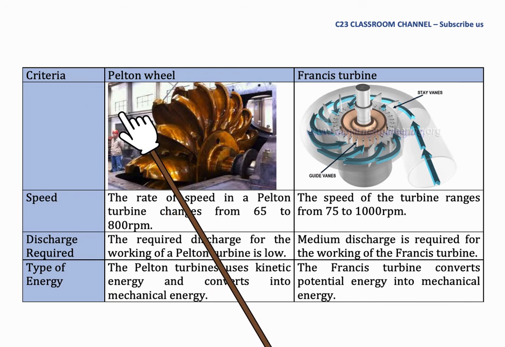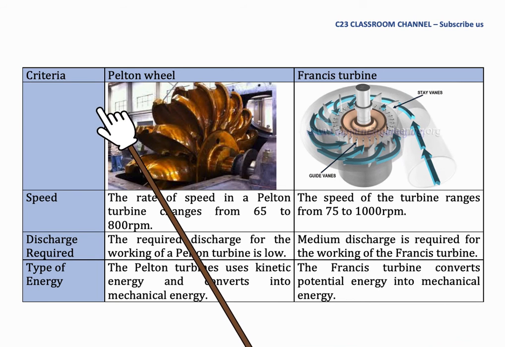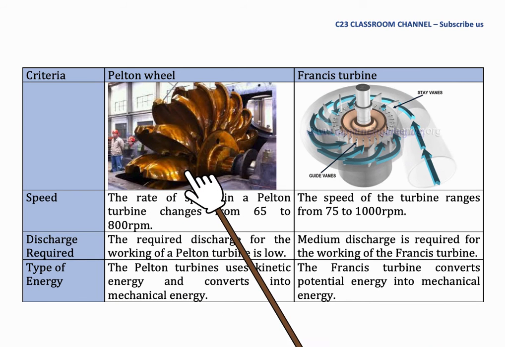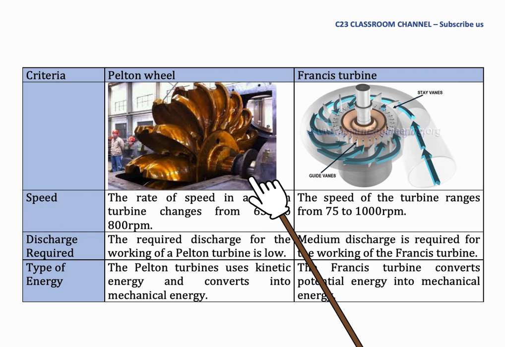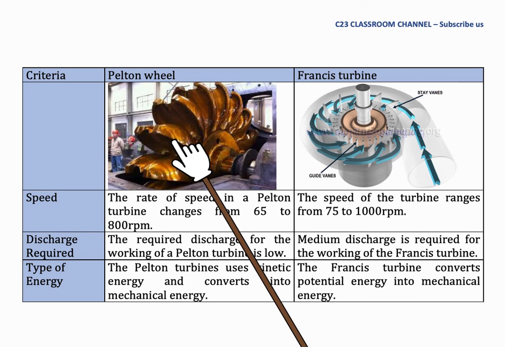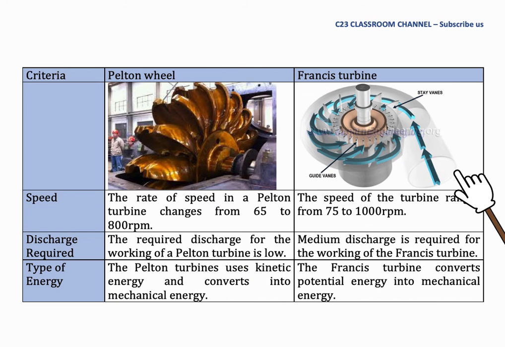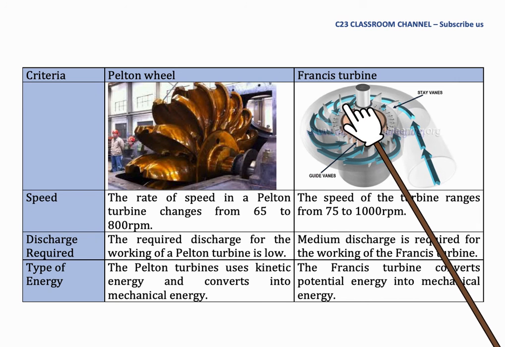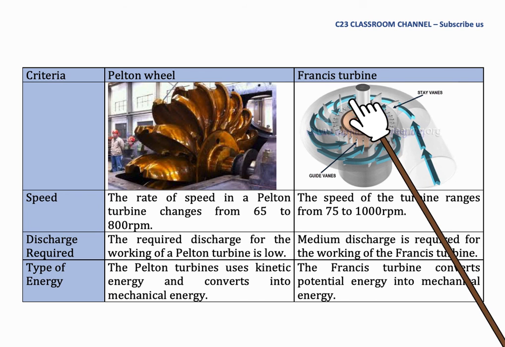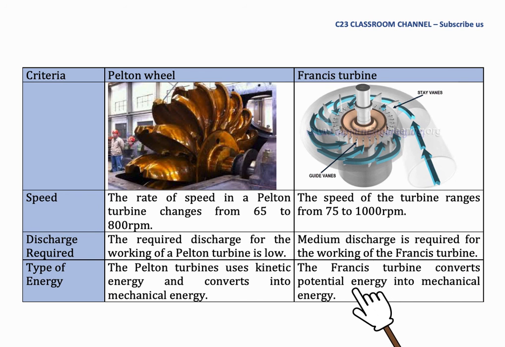Because the potential energy of water is changed into kinetic energy in the water jet, and the water jet will hit the bucket here. And for the Francis turbine, we say that the velocity here is influenced by the potential energy, but it's not converted into a water jet. So we assume that it directly converts potential energy into mechanical energy.